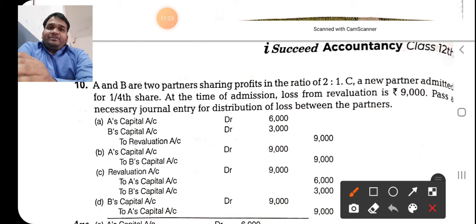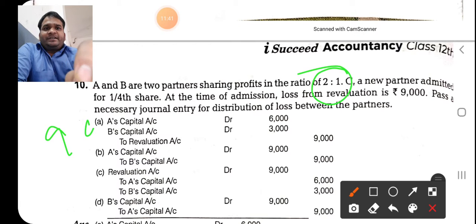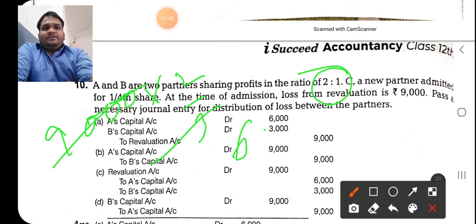So when the revaluation account is prepared, they have got the loss. In case of a loss, the partners' capital accounts are reduced, and when the partner's capital account is reduced, it is debited. So you can see over here it is 2:1. So for this 9,000, 2/3, when you cancel it out, it will come to 6,000.